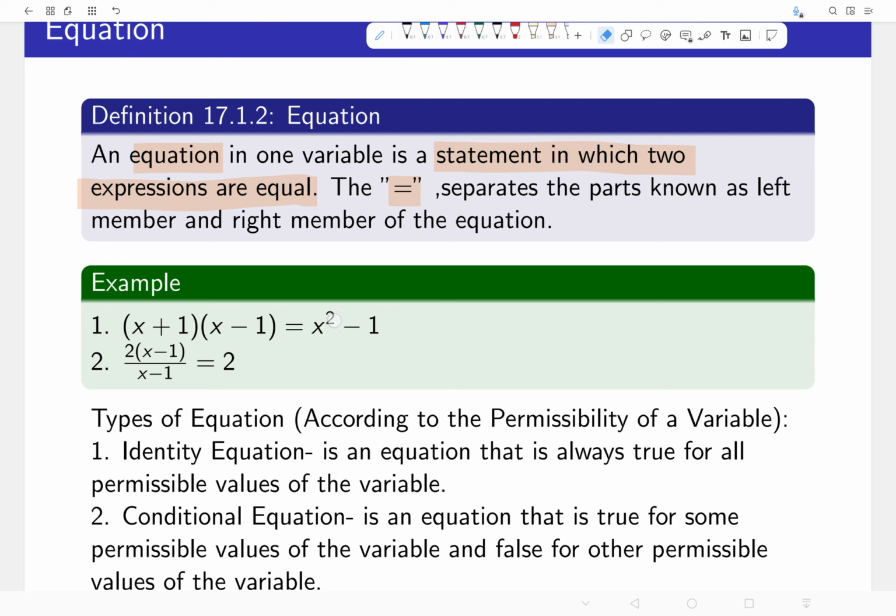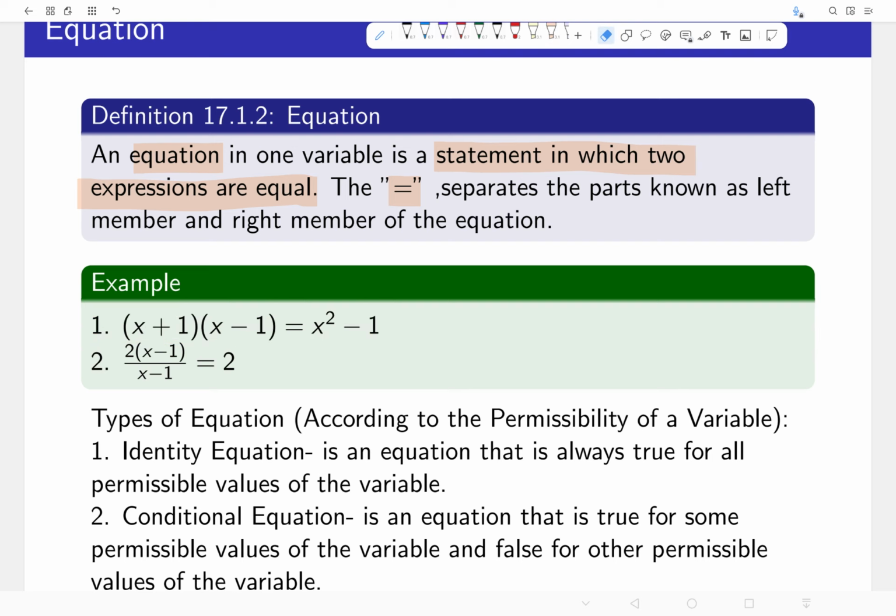We have the left and the right members of our equation. This one is an equation that expresses the equality of these two expressions.